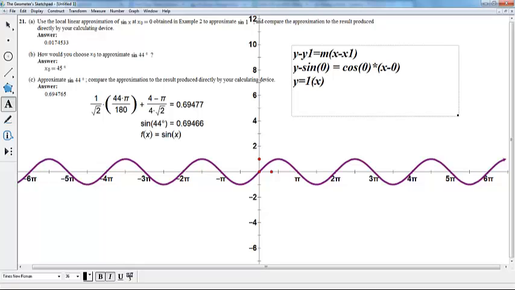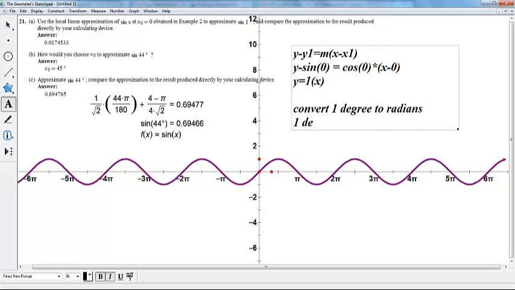What we need to do now is convert 1 degree to radians. As I said, 1 degree is 1 over 180 of pi.